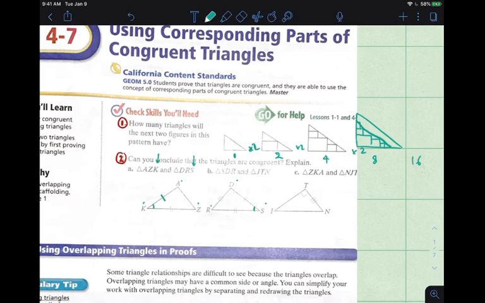KA should correspond with DS. Okay, K to A, D to S, good. And I should have the second side, RS, also corresponding to KZ. RS, KZ. Cool. So by SAS, for A, they are congruent.